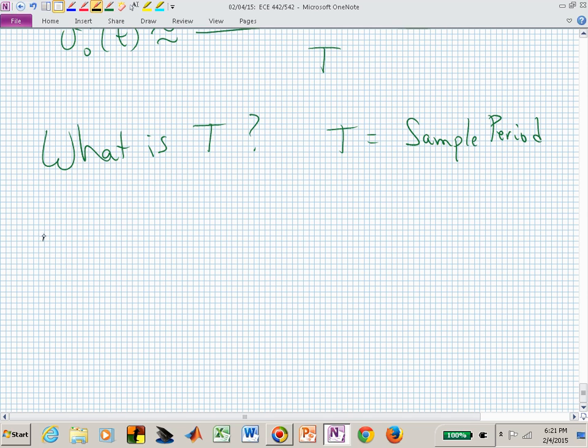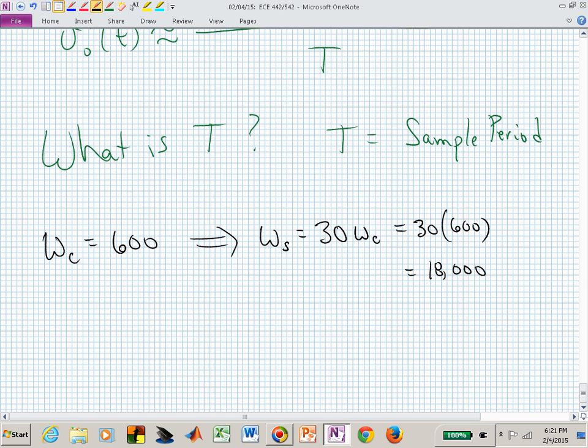We already know our cutoff frequency is 600 radians per second, which means our sampling frequency we want to be 30 times omega c. Omega sub s is now 18,000 radians per second.